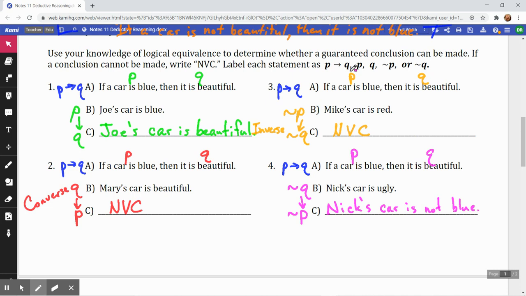Okay, and let's think about why that's okay to say. Well, a blue car has to be beautiful. Okay, that's the condition. And so if we know that a car is not considered to be beautiful based on our rule, there's no way that that car is blue. Now our logical equivalence helps us out too, because the statement that starts with the opposite of Q and ends with the opposite of P is called the contrapositive.